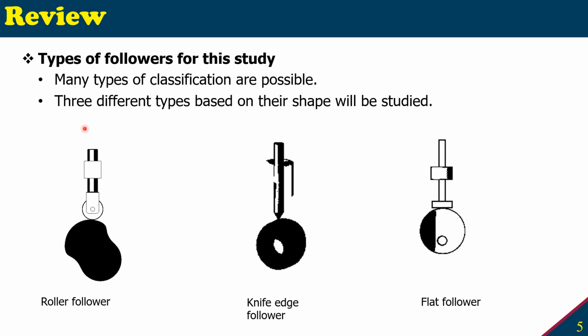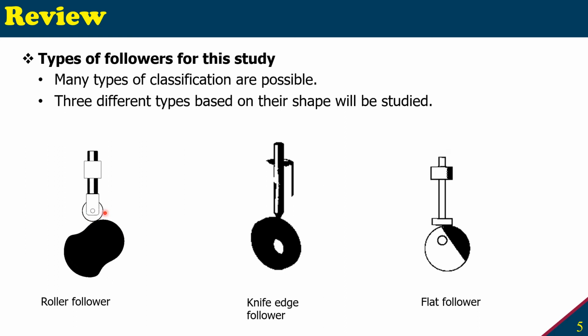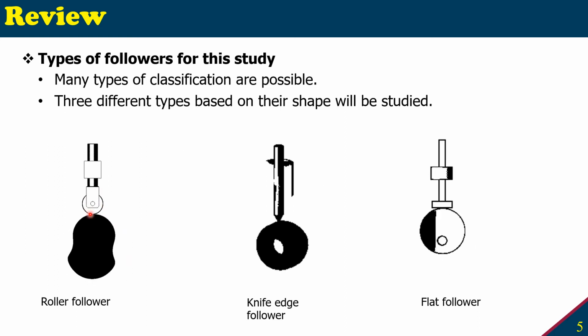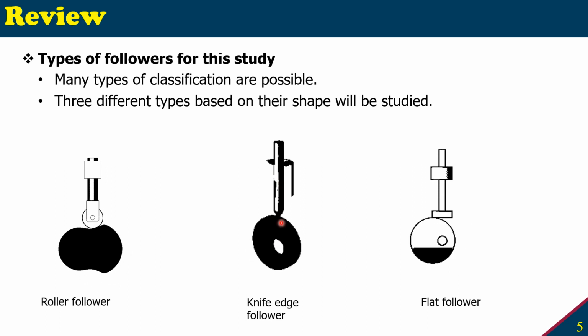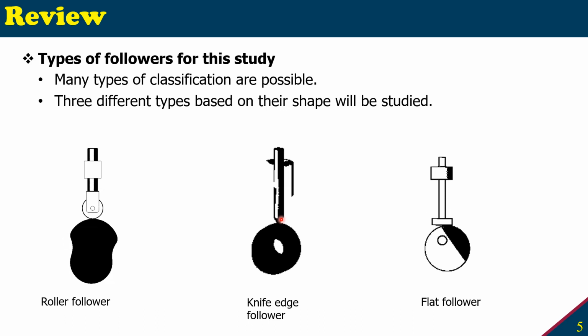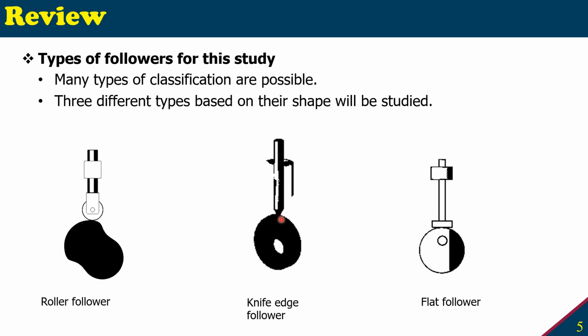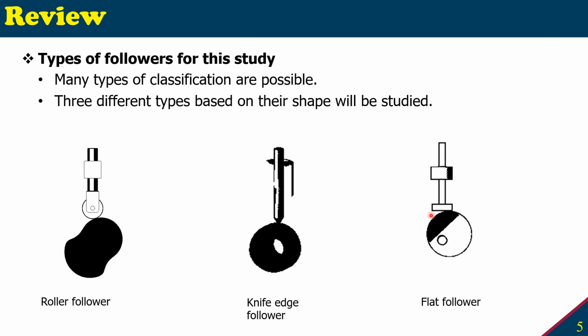These are cams, but these are the followers. If you see, this has a roller follower. This follower has a sharp edge, that's why it's called a point head, or knife edge follower. And if your follower has a flat head, then we'll call it a flat follower.